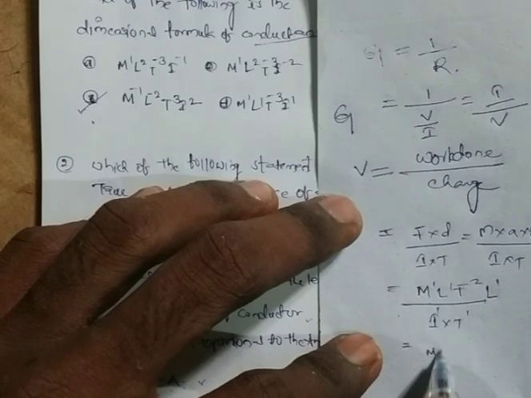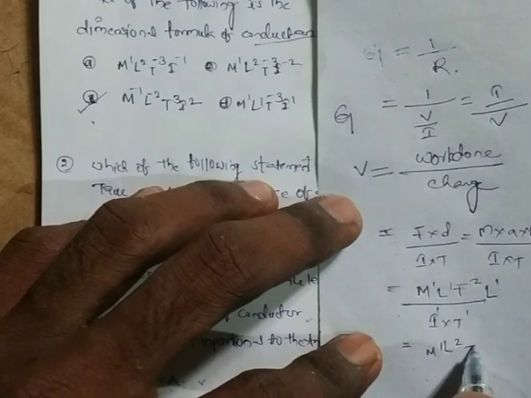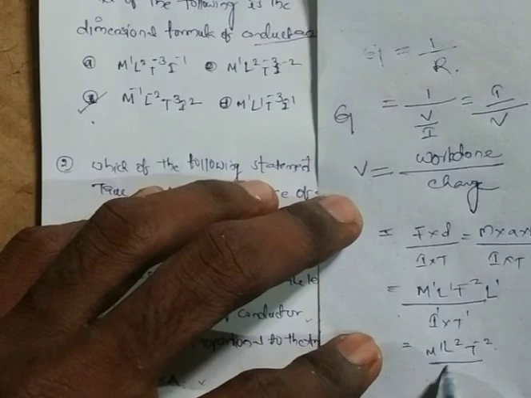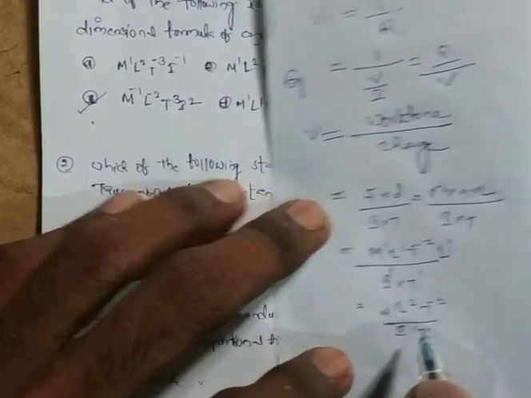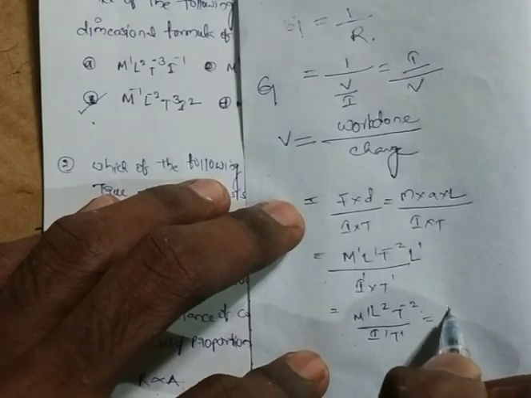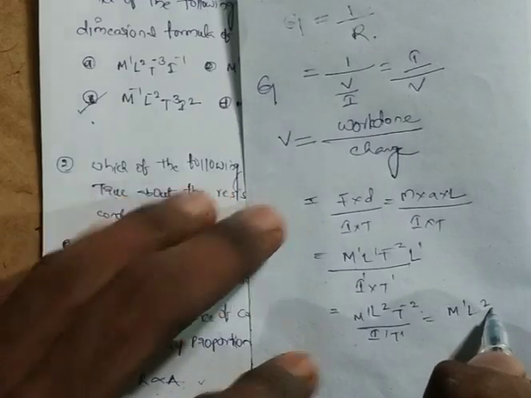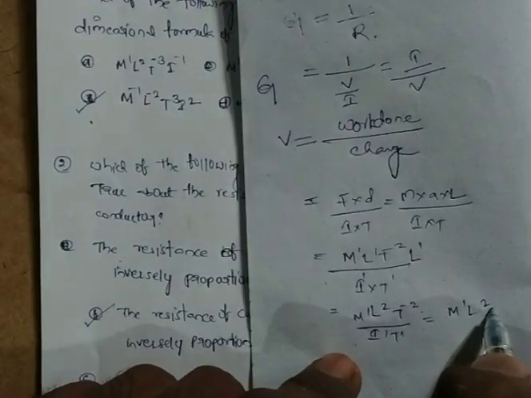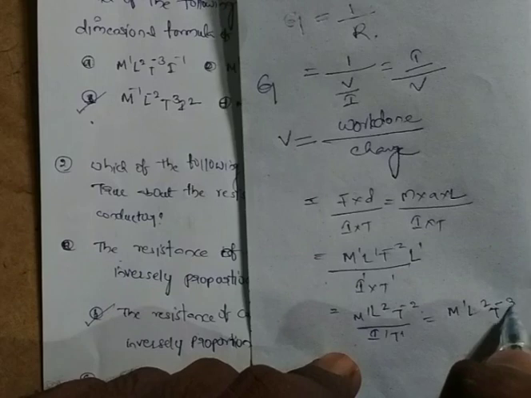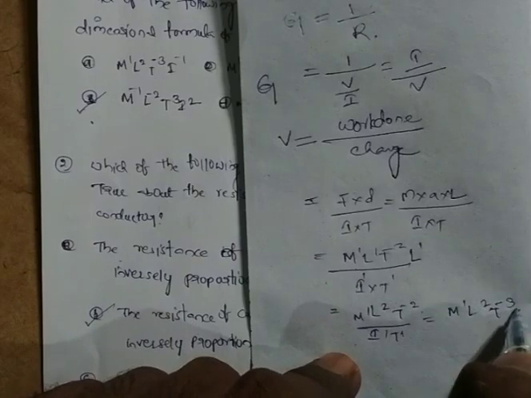So M1 L2 T minus 2 by I1 T1, that is equal to M1 L2 T minus 3 I minus 1.